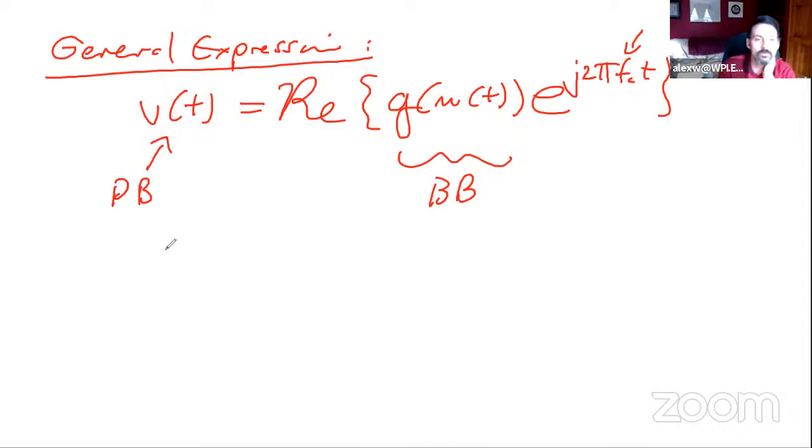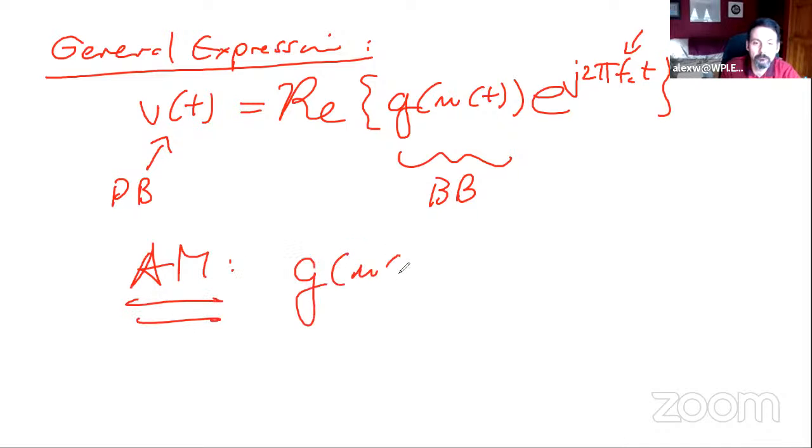We know that for AM, that mapping is the following. This is kind of interesting.